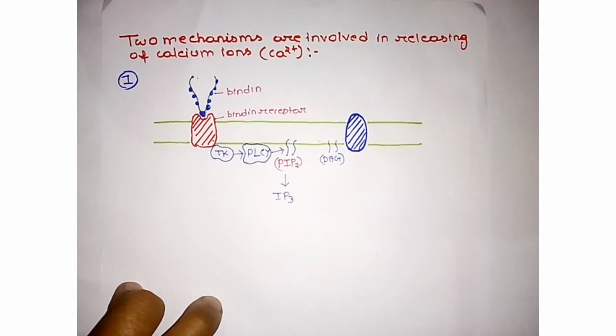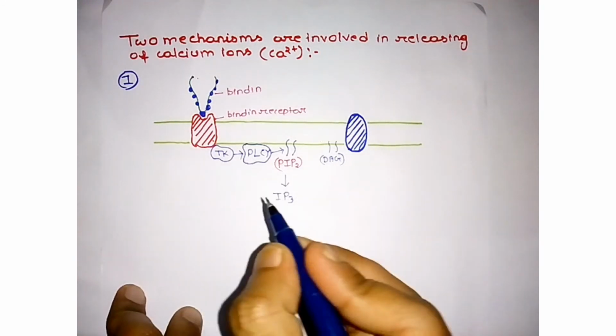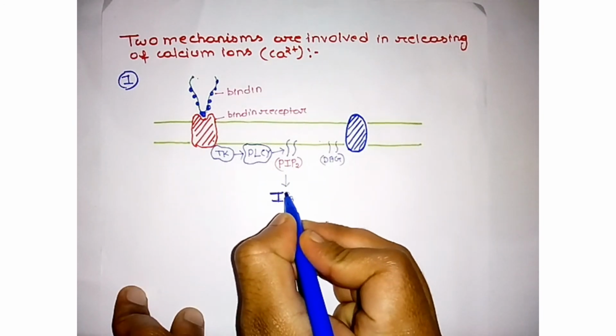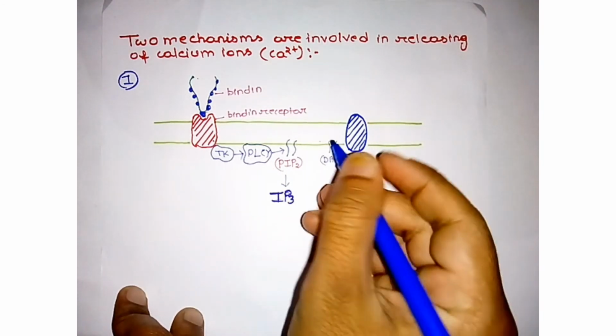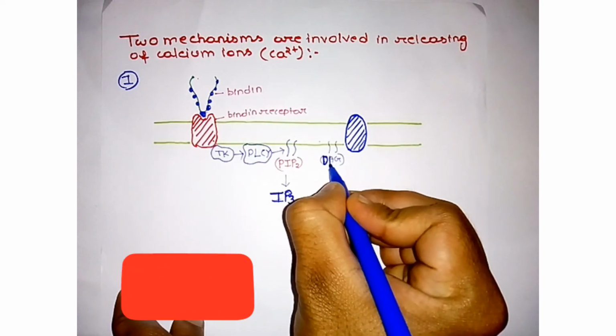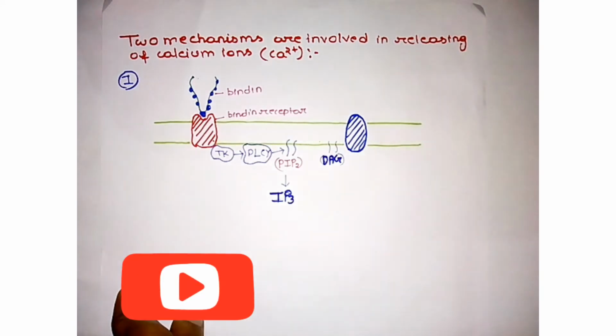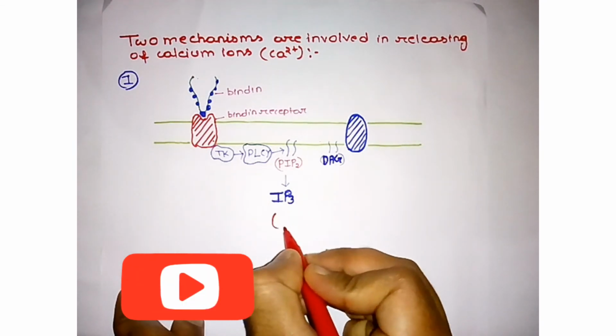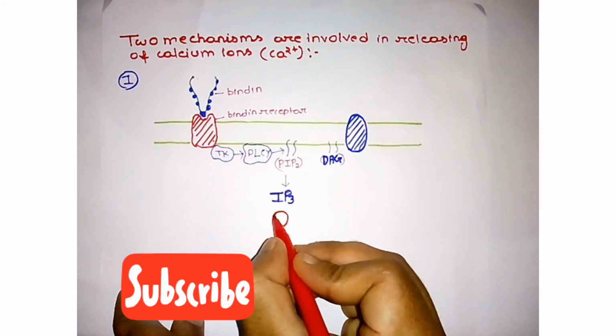First is IP3, that is inositol 1,4,5-trisphosphate, and another is DAG, that is diacylglycerol. So this is IP3, and this is DAG.